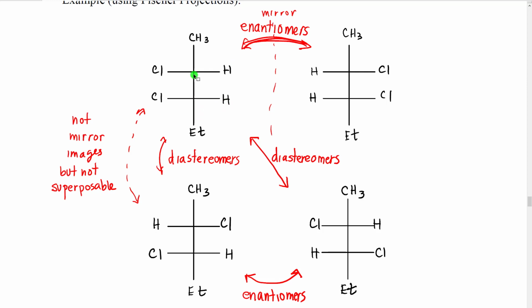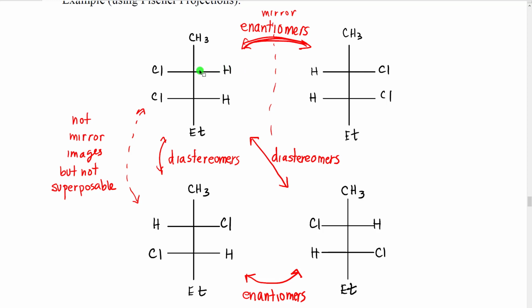As drawn in the Fischer projection, the chlorine at carbon 2 is on the left, and the chlorine at carbon 3 is on the left, and then the hydrogens are on the right. We can make a mirror image of this molecule by imagining a mirror right here, and then reflecting across that mirror. If you recall how a mirror works, atoms that are close to the mirror on one side should be close to the mirror on the other side.